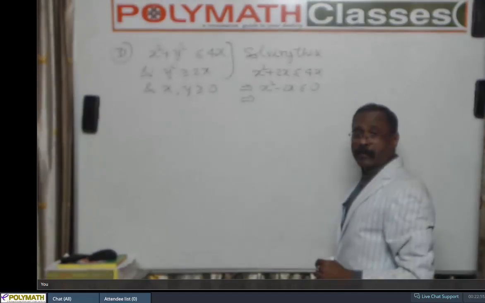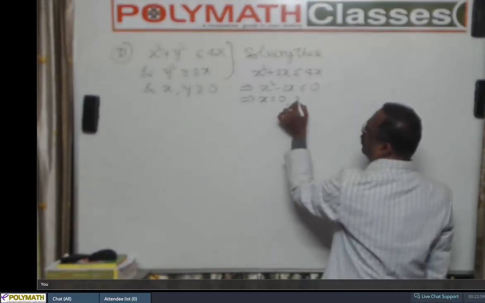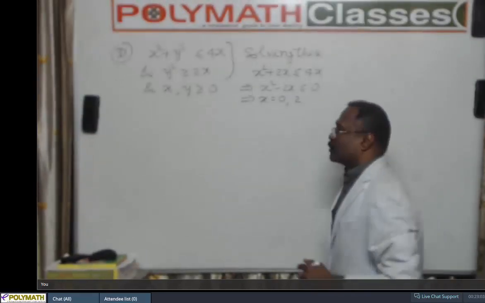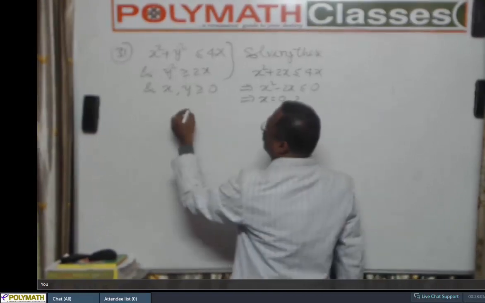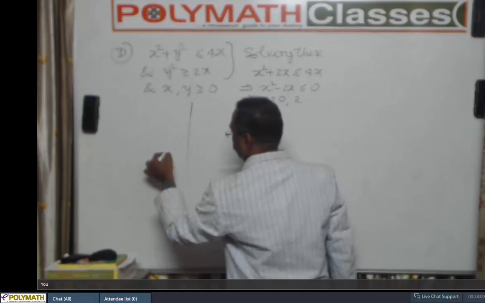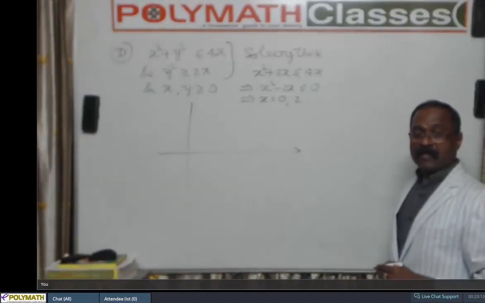If you take the roots of it, x = 0, 2. That means these two curves intersect at x = 0, 2. So now let us take the figure of the area traced by these two curves.